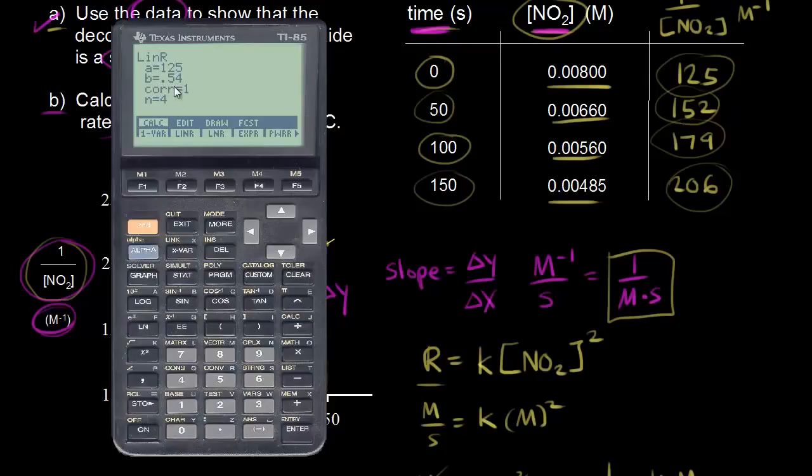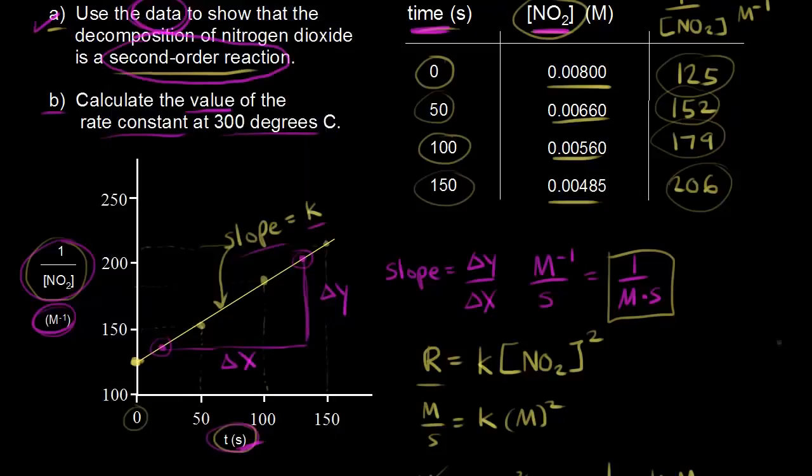Right, so B is equal to 0.54, so that's the slope of our line, and therefore that's the value of our rate constant. Right, so K, or our rate constant, is equal to 0.54, and this was 1 over molar times seconds. So we have figured out the value for K, using the data that was given to us.